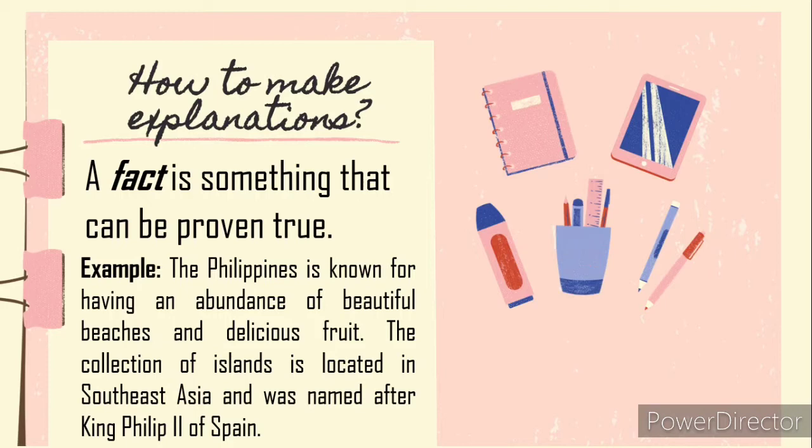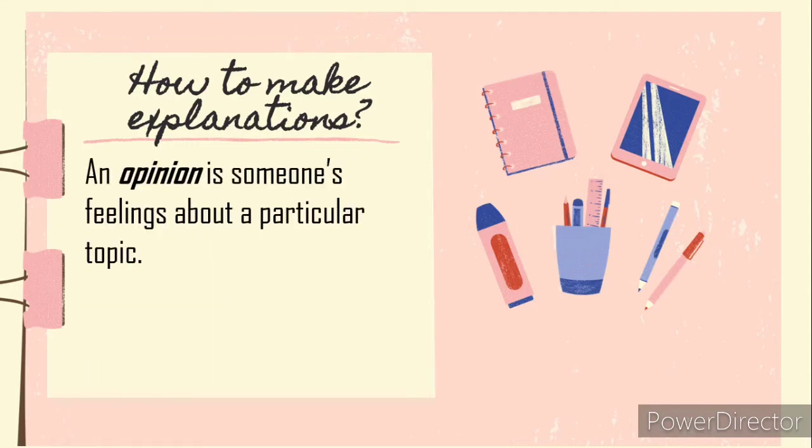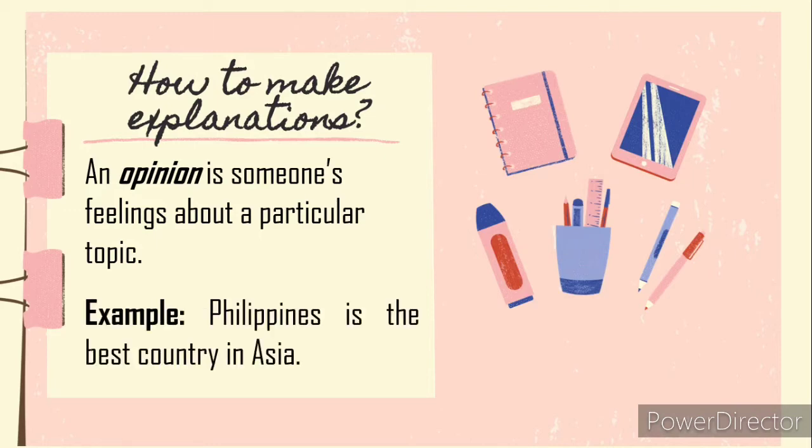The collection of islands is located in Southeast Asia and was named after King Philip II of Spain. An opinion, on the other hand, is someone's feelings about a particular topic. For example, Philippines is the best country in Asia.